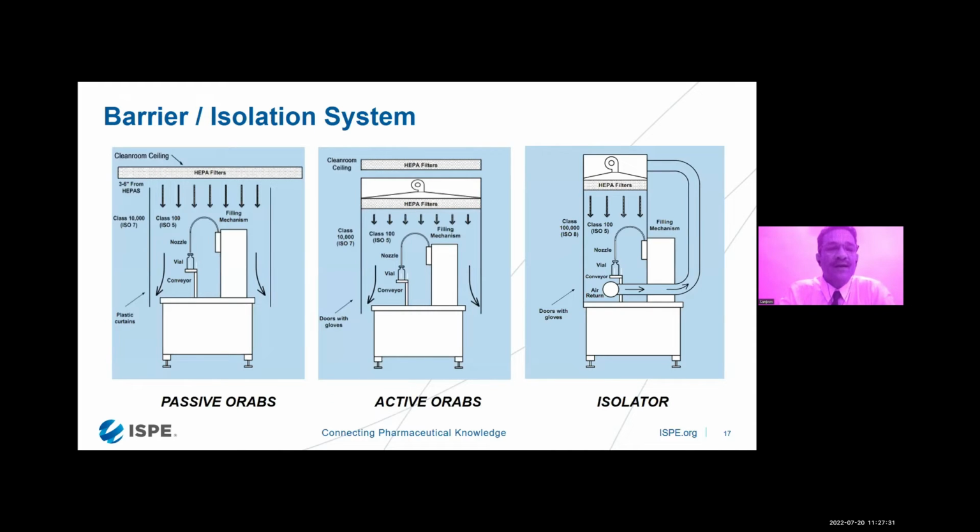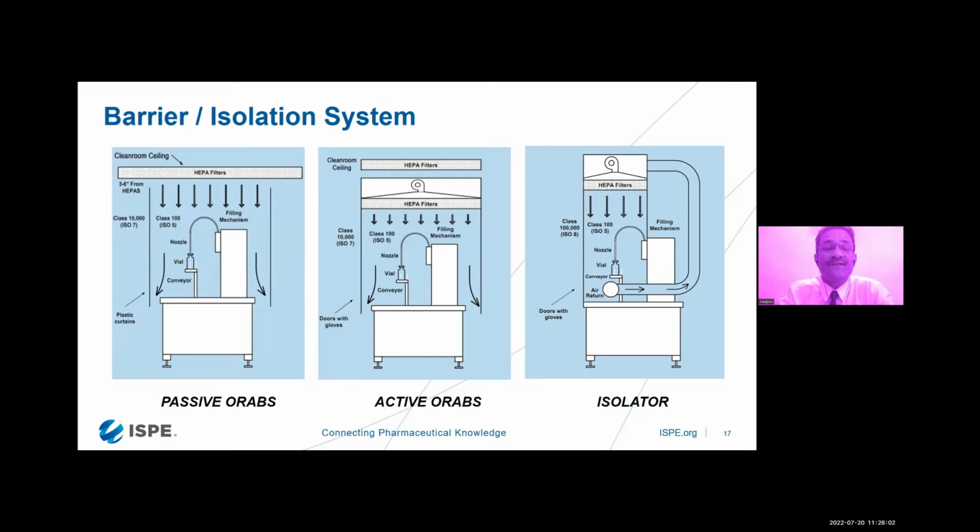For the barrier isolator system, you have passive ORABS, active ORABS, and isolators. So what is the difference between these three? When you look at the passive ORABS, it is a HEPA filter ceiling, with an FFU, a fan filter unit, covering the complete ceiling of your aseptic or sterile area.